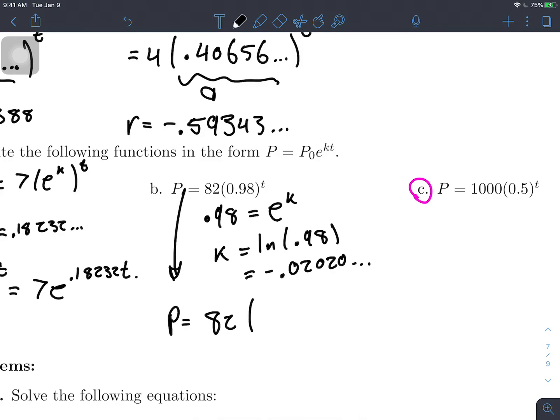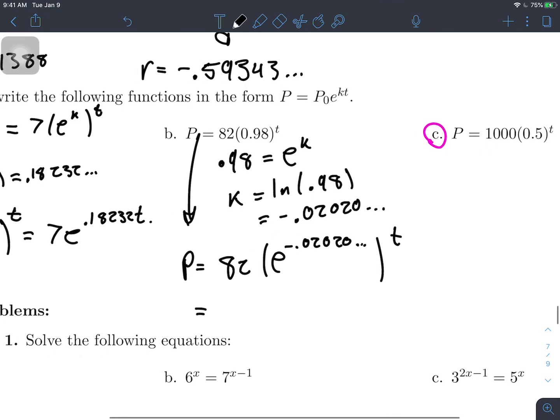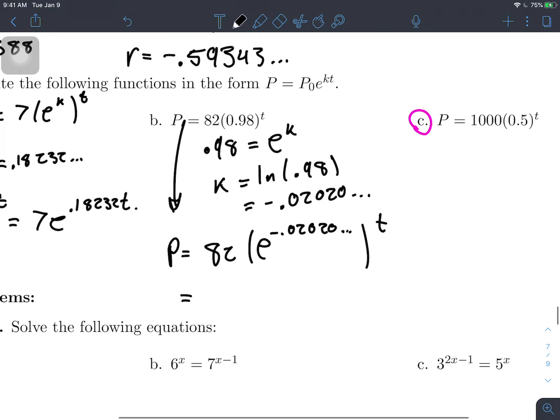Inside the parentheses, I'm going to replace 0.98 by its equivalent form as a power of e. So e to the negative 0.02020... to the power t. And I want to be really good about the way that I'm writing it.